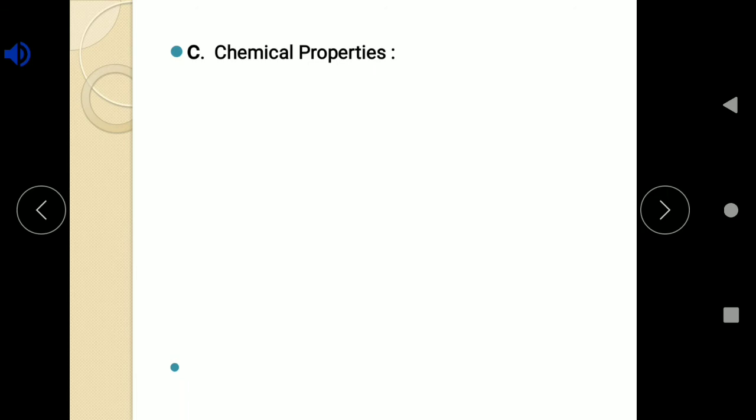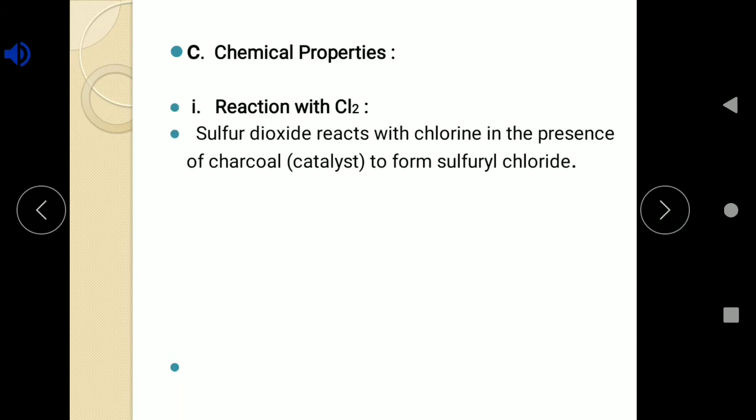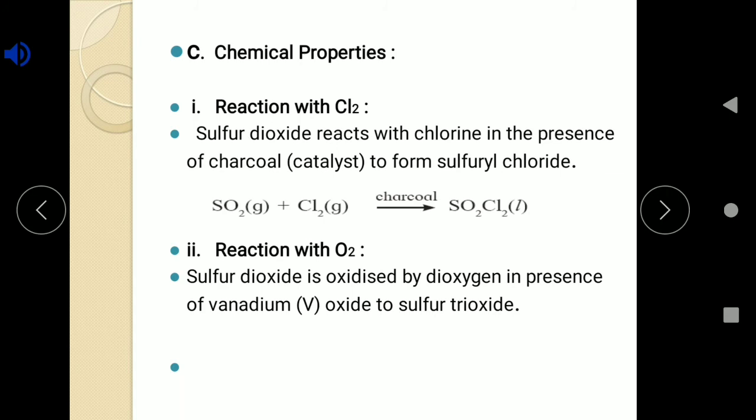Now we will see the chemical properties of sulfur dioxide. First, reaction with chlorine. Sulfur dioxide reacts with chlorine in presence of charcoal as a catalyst to give sulfuryl chloride, that is SO2Cl2. Secondly, reaction with oxygen. Sulfur dioxide is oxidized by dioxygen in presence of vanadium oxide, V2O5, to form sulfur trioxide.